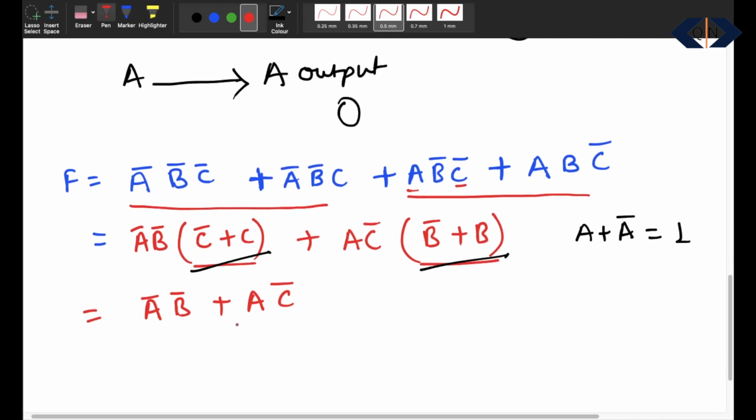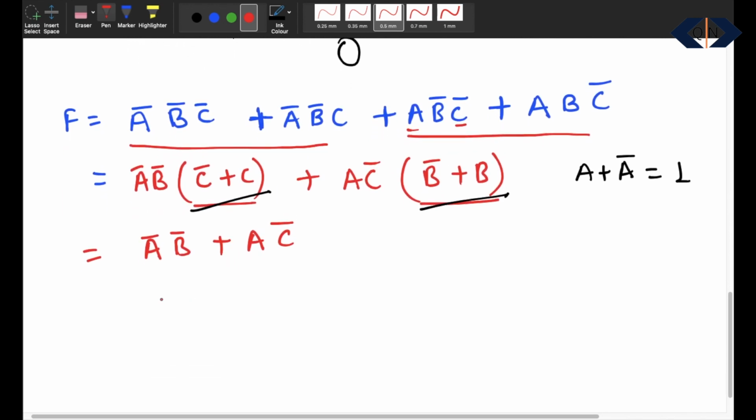So do we have anything which we can take common here? Can you see anything common here? Not common, but we can simplify it more using DeMorgan's theorem.